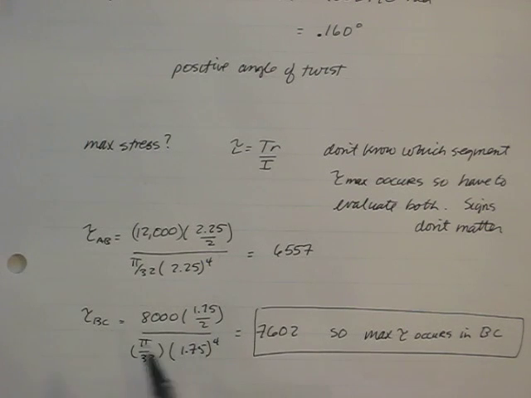I do the same thing for BC, and I get 7,602. The difference here is it's got a different torque and a different diameter, so it will have a different stress. You can see that this is bigger, so the maximum stress occurs in BC, the smaller section. Anyway, that's how you approach them.